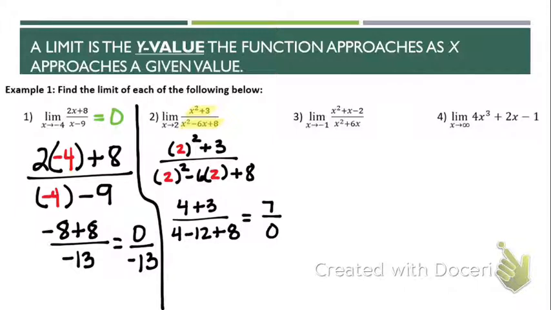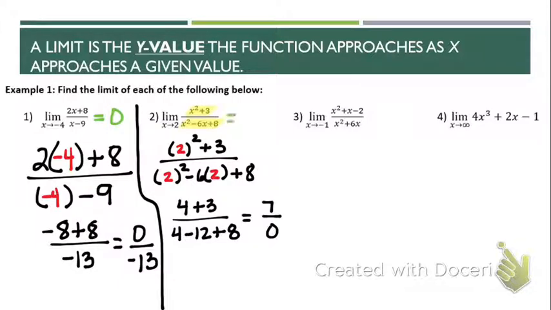No. So this means that at this point, we have a discontinuity. The discontinuities we talked about in the last chapter, we don't know which one. We would have to graph it to see what discontinuity exists, if it's removable, a jump, or infinite. But there is some type of discontinuity happening at 2, so the limit does not exist.